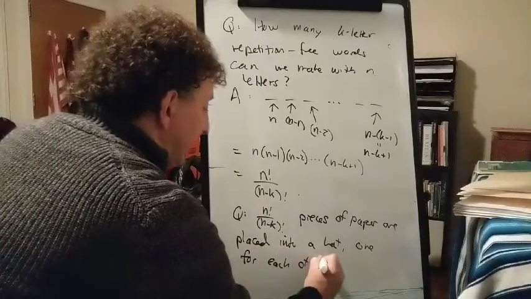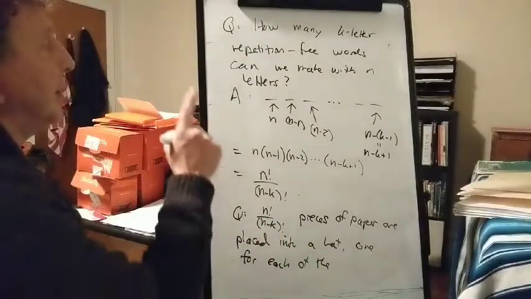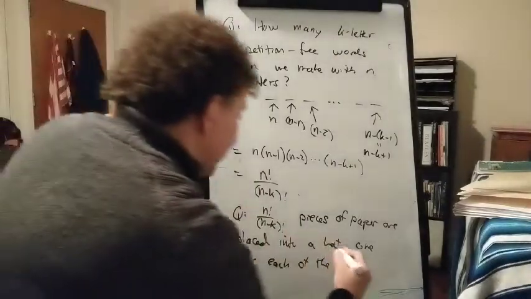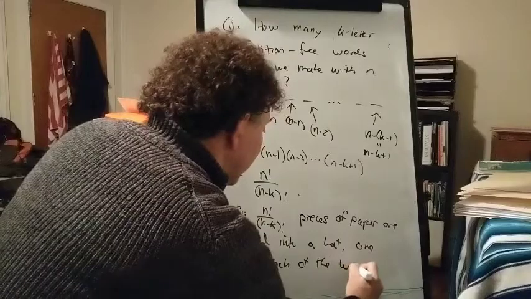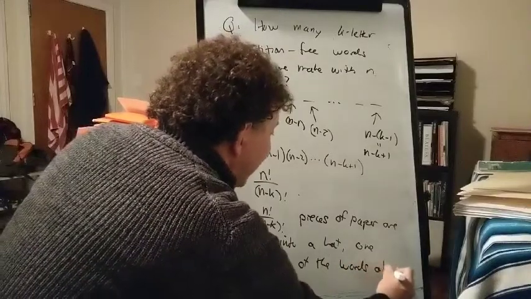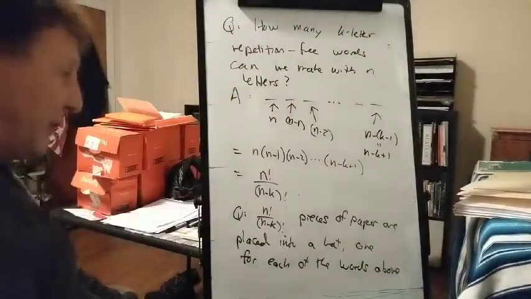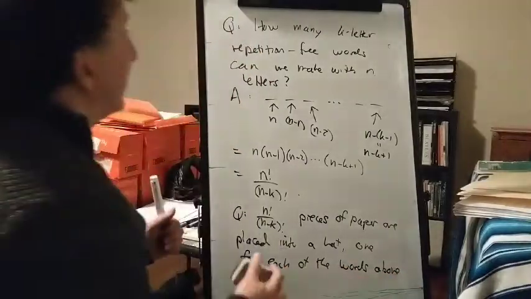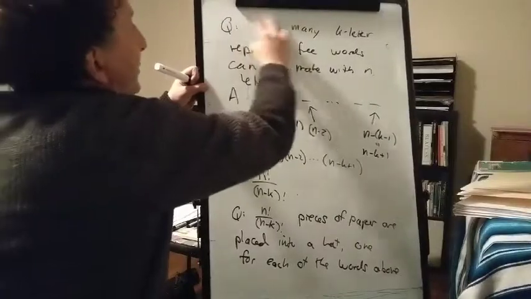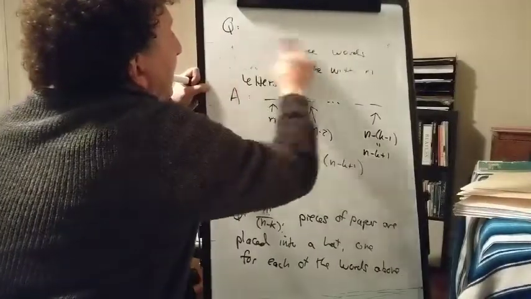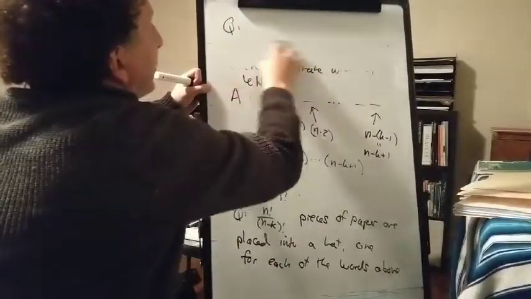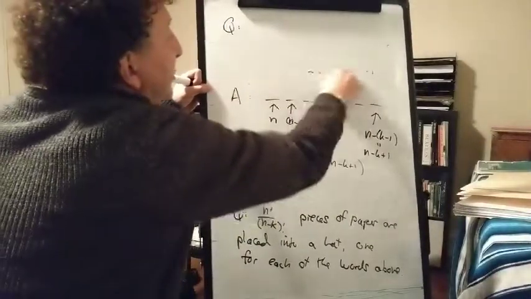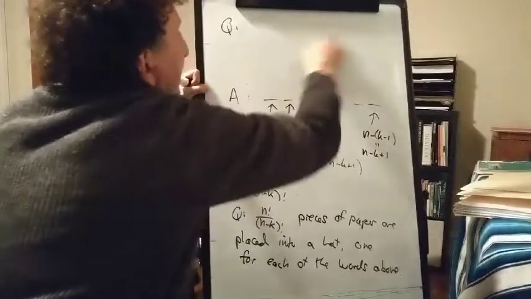One for each of the k-letter repetition-free words that we can make with n letters. I'll just say one for each of the words above. And then we could ask, what's the probability that if we choose one at random that we get any particular word?